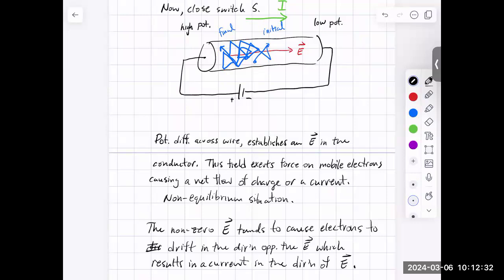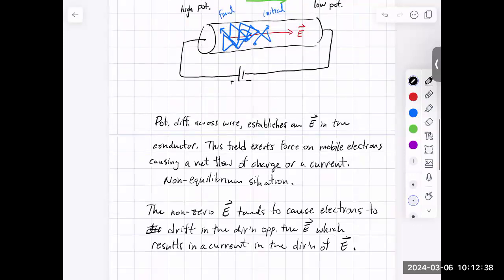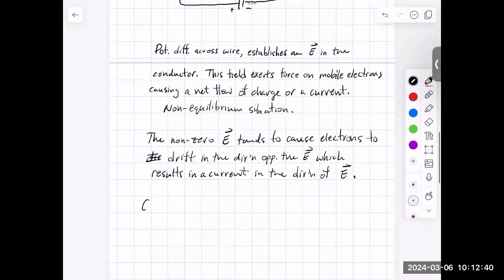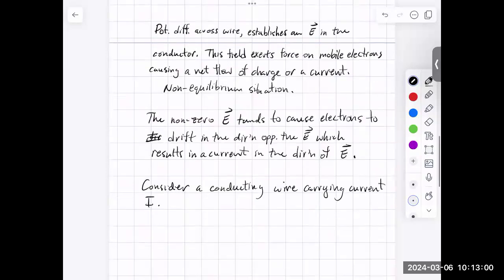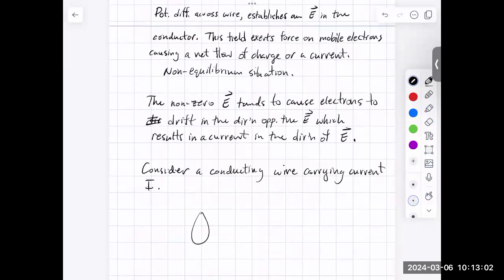What we're going to try to do is to see if we can work out some quantitative properties of this current. Okay, and so how are we going to do that? So we're going to consider a conducting wire that's carrying current I. Okay, so the picture would be, let's see, here's our wire.